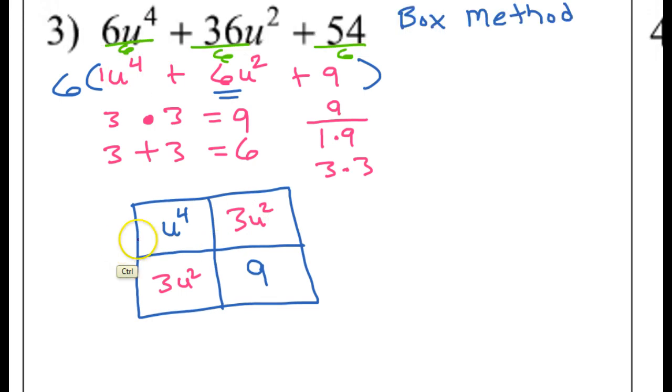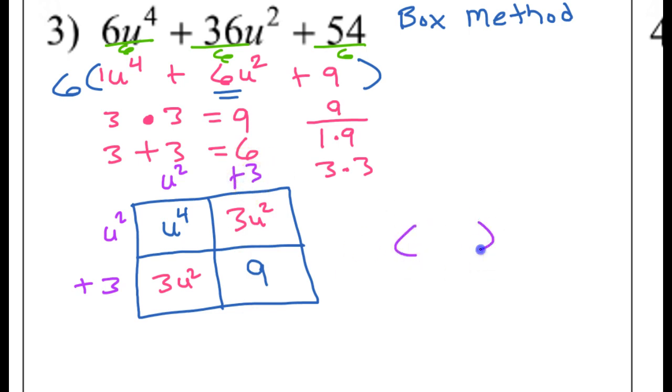Now we can go ahead and do the GCF. The GCF of the top row is u squared. The GCF of the bottom row is 3. The GCF of the first column is u squared. And the GCF of the second column is 3.